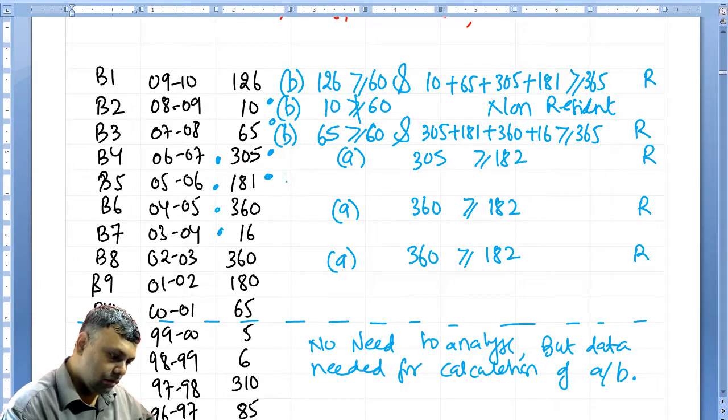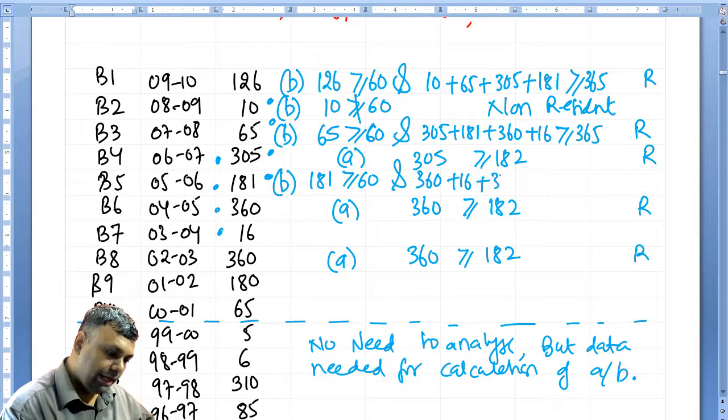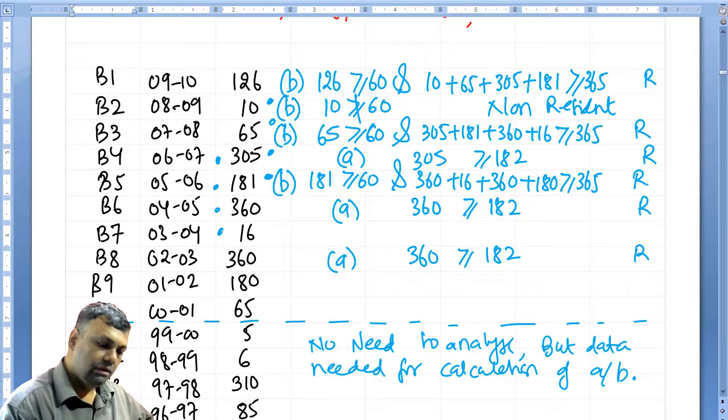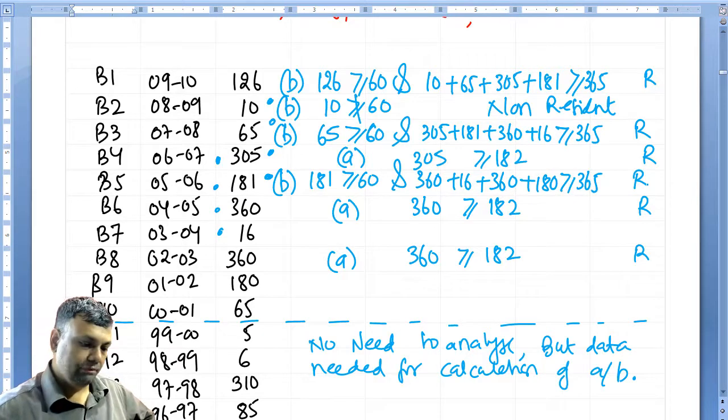Now here let us test B. 181 should be greater than or equal to 60, and 360 plus 16 plus again 360 plus 180 should be greater than or equal to 365. Yes, it is greater than or equal to 365, and so it is resident.